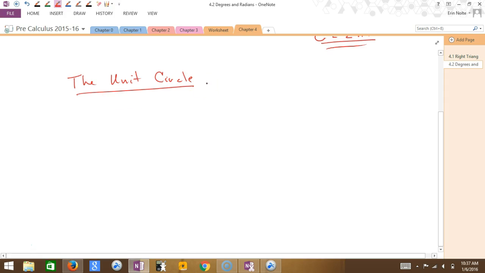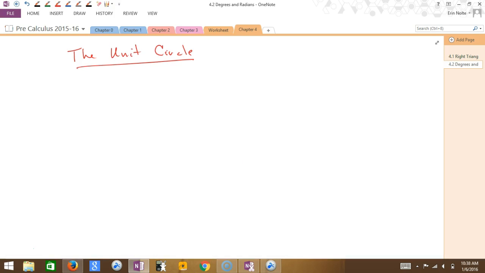Why is it called the unit circle? Why would it use the word unit? One unit, that's why. The radius is simply going to be a unit of 1.